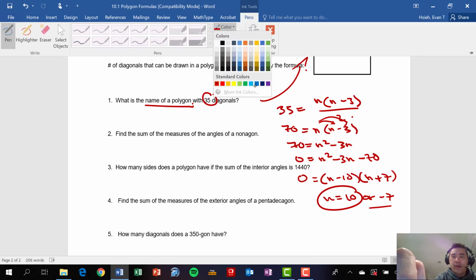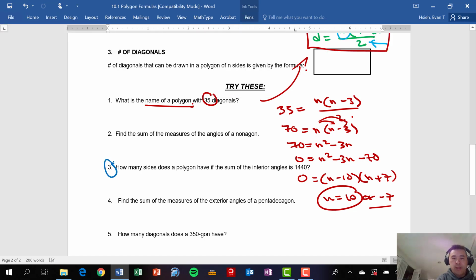And then for number 3 here, I'm going to skip over to number 3. How many sides does a polygon have if the sum of the interior angles is 1440? Using the sum of the interior angles formula, n minus 2 times 180, it's going to be 1440 equals n minus 2 times 180.